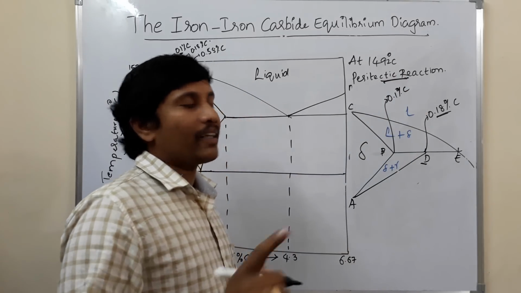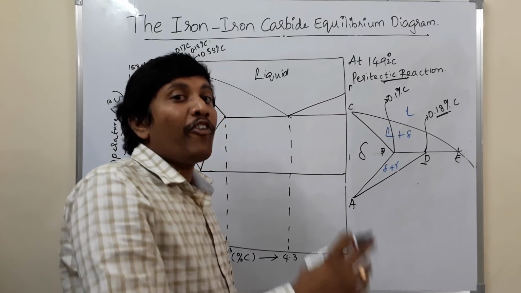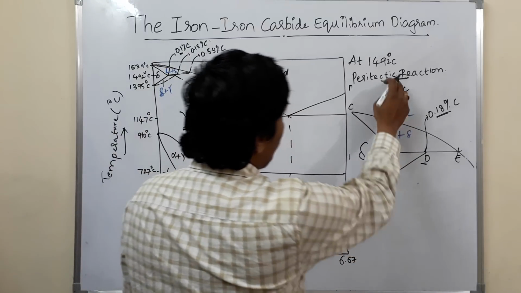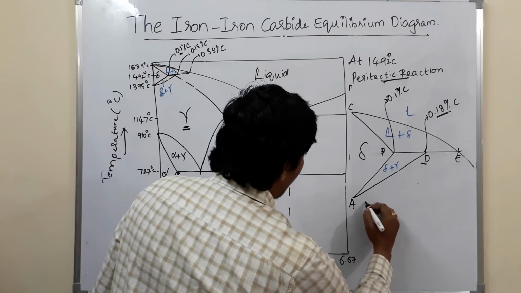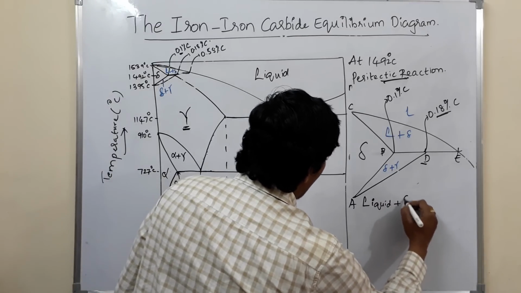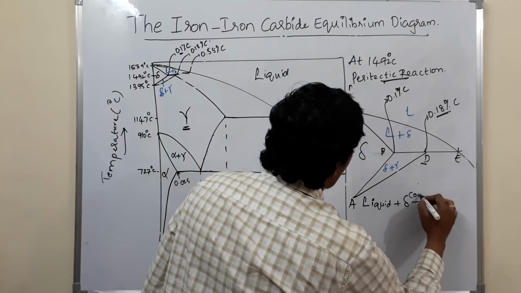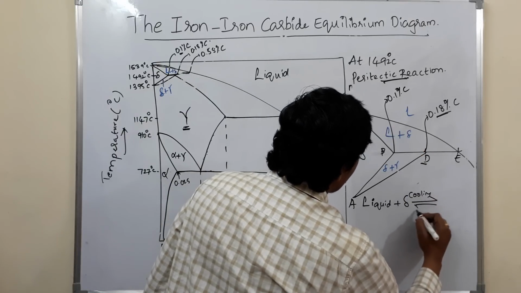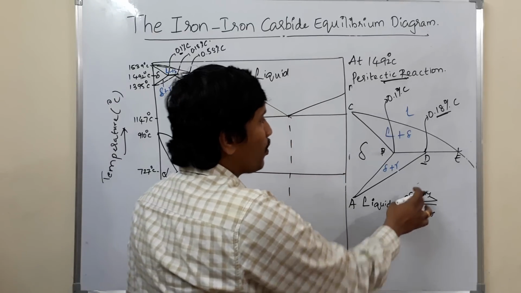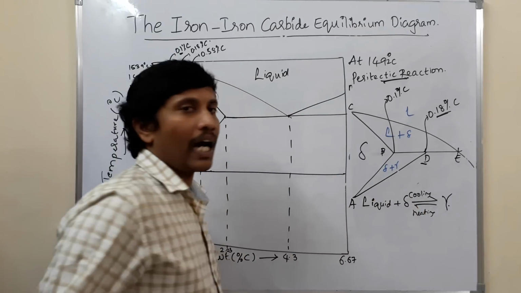At that point D, under equilibrium cooling, a phase change occurs. The peritectic reaction is liquid plus delta, upon equilibrium cooling, transforming to gamma.